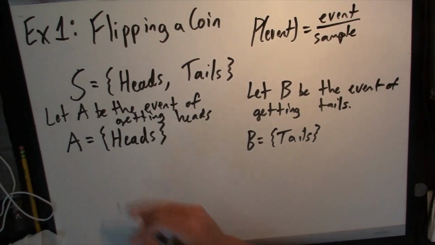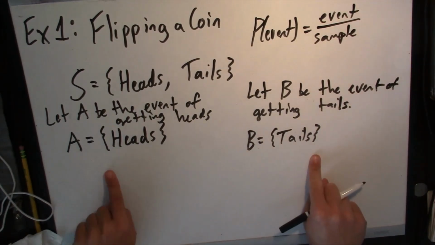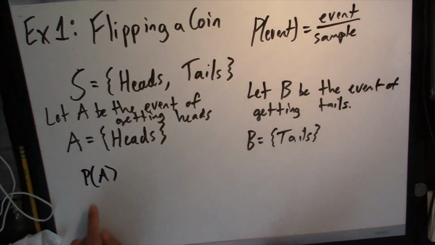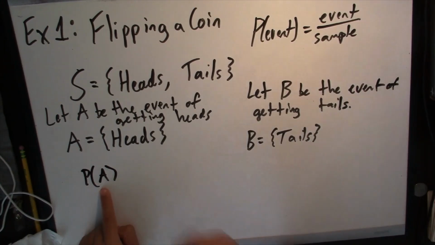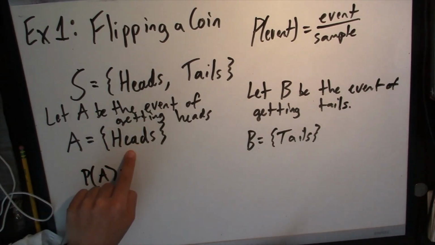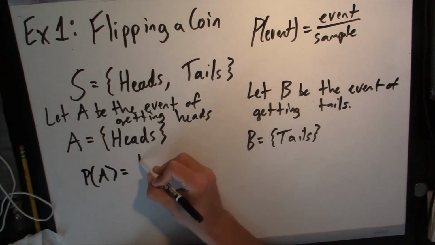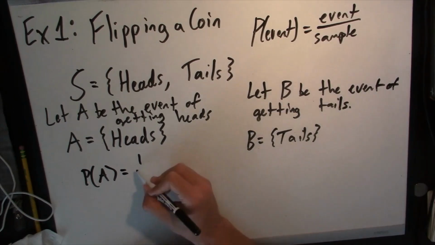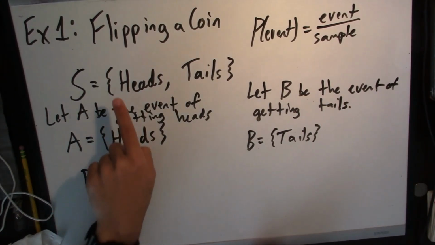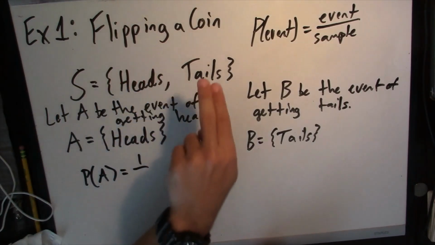So we can talk about the probability of each of these. We can say the probability of A, of getting heads, A is the event, so I put A. The probability of A is equal to, well, how many outcomes are in the event of getting heads? There's only 1 outcome, which is heads. So you put the number of outcomes on top, and on the bottom you put the total number of outcomes, which is from our sample space, heads and tails.